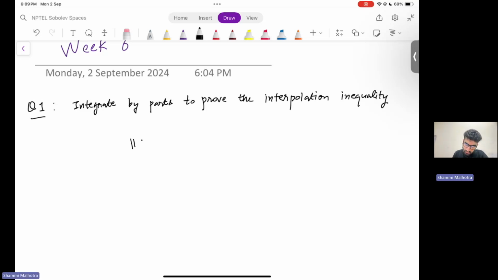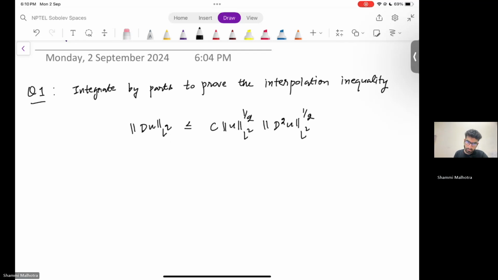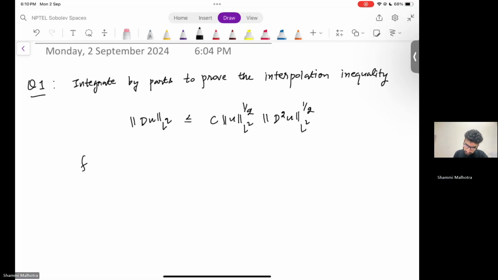The norm of Du in L2 is less than or equal to C times the norm of u in L2 to the power half, and then the norm of D2u in L2 to the power half, for all u in C_c infinity of U.